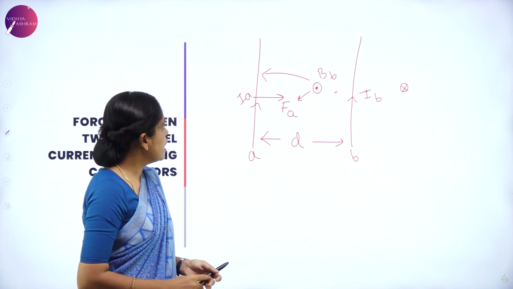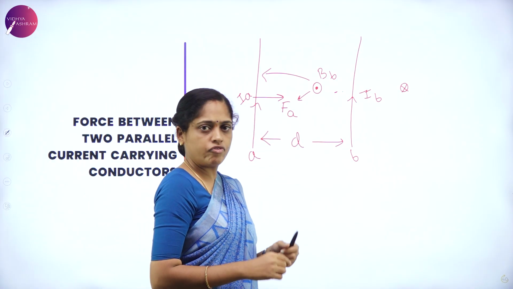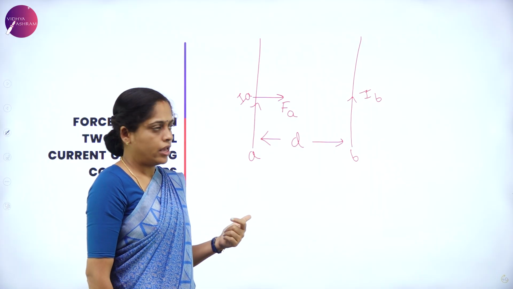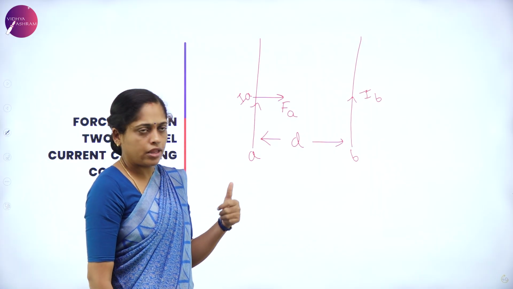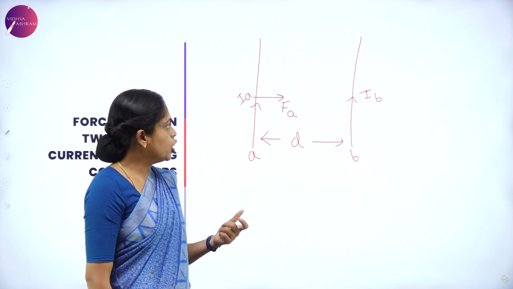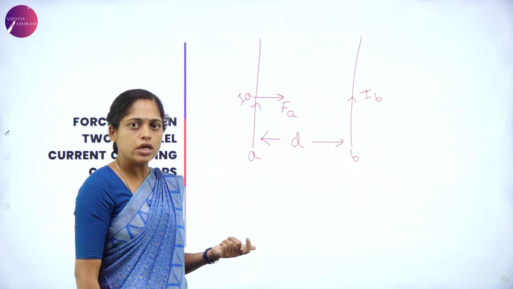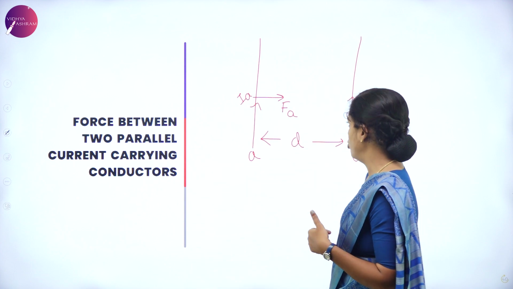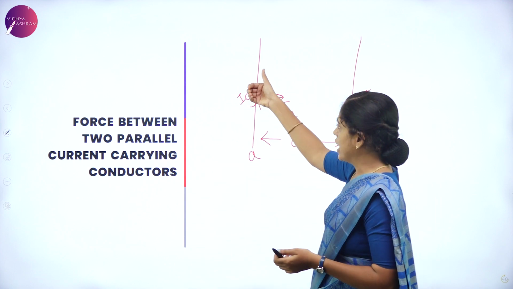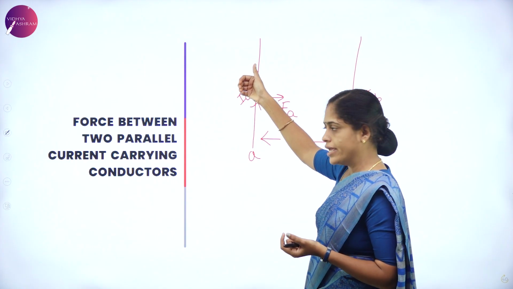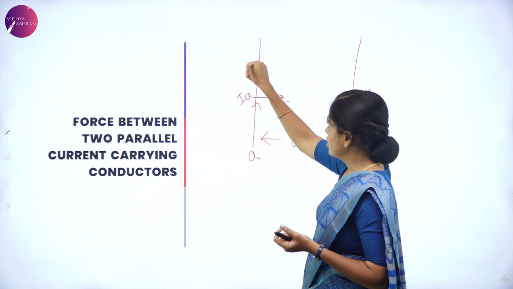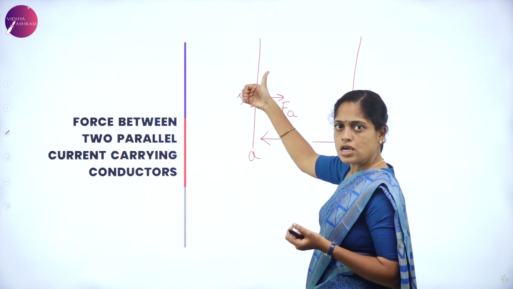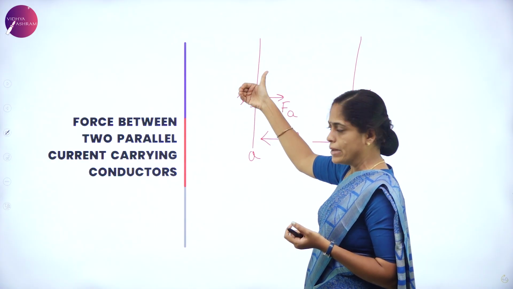Next, let us consider the magnetic field of wire A, which is interacting with wire B. Due to that, there is a force on the wire B, and we will find out the direction of that force. First, let us find the magnetic field around wire A. Here the thumb is in the direction of current and the curled fingers represent the direction of the magnetic field.